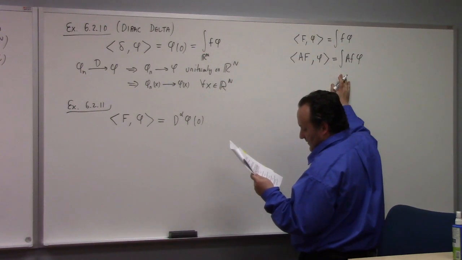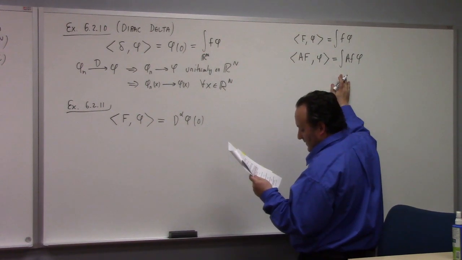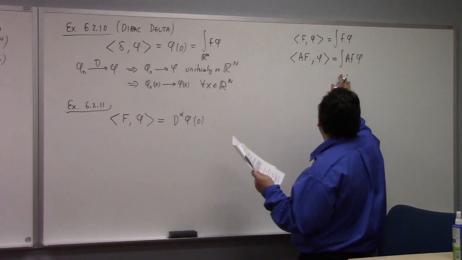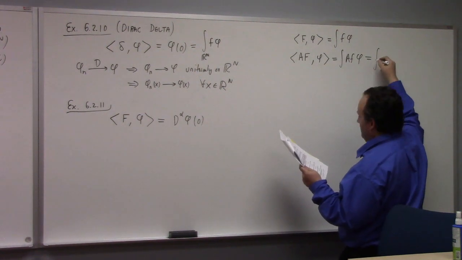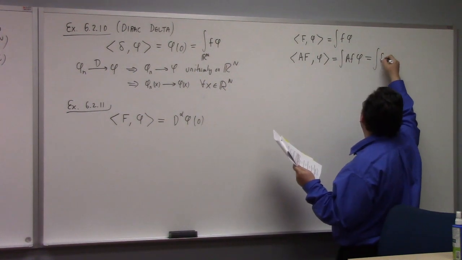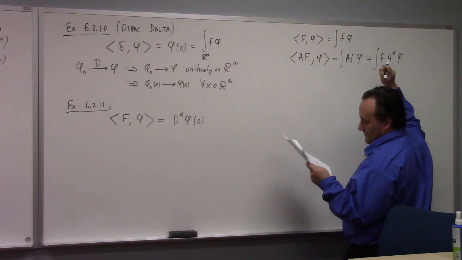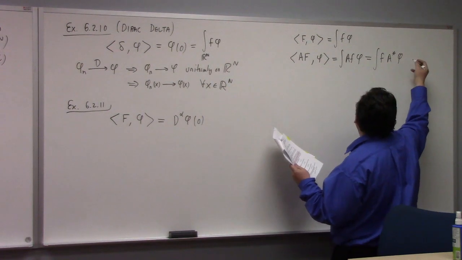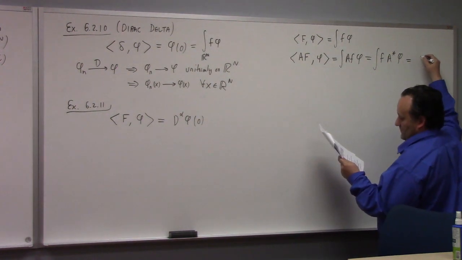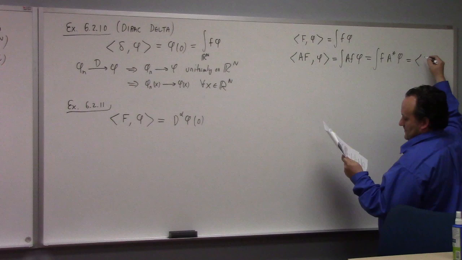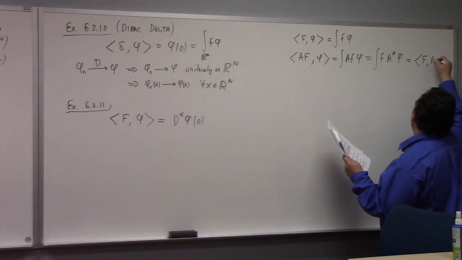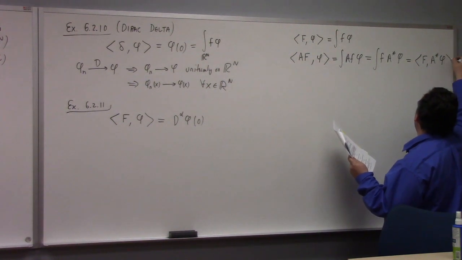And he says if we can find a continuous operation, A star, which maps D into D such that this is equal to f acting on A star phi, then it would make sense to say that that's equal to f A star phi.